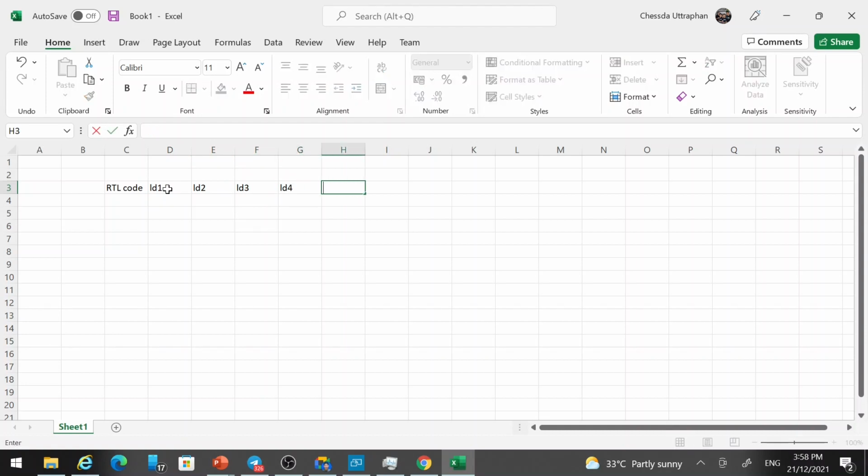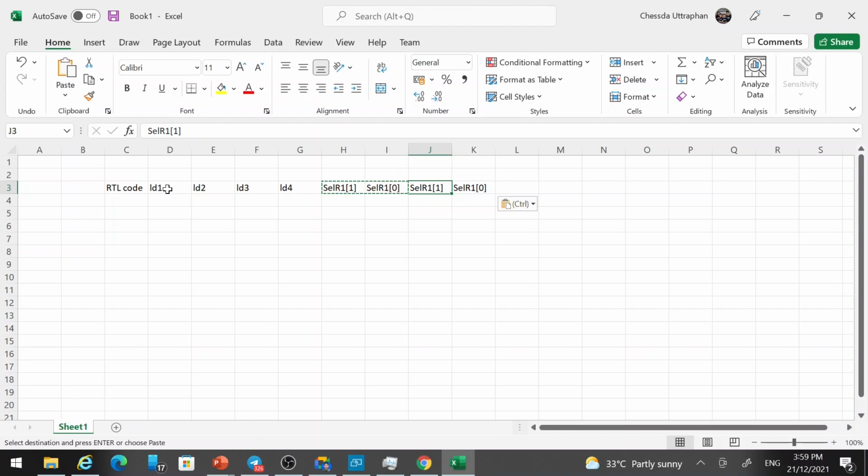We can have SEL R1, bit number 1, SEL R1, bit number 0, and here we can have SEL R2, 2-bit also.